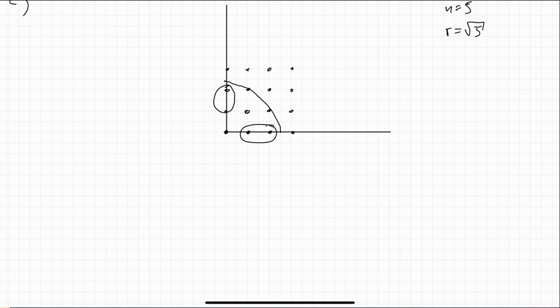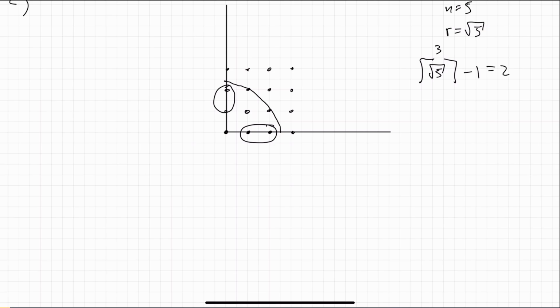Well, it's in between 2 and 3. It's slightly more than 2. So all we have to do is take the ceiling of it and then take away 1. So in this case, the ceiling of root 5 is equal to 3, and we want to take away 1 to get 2.